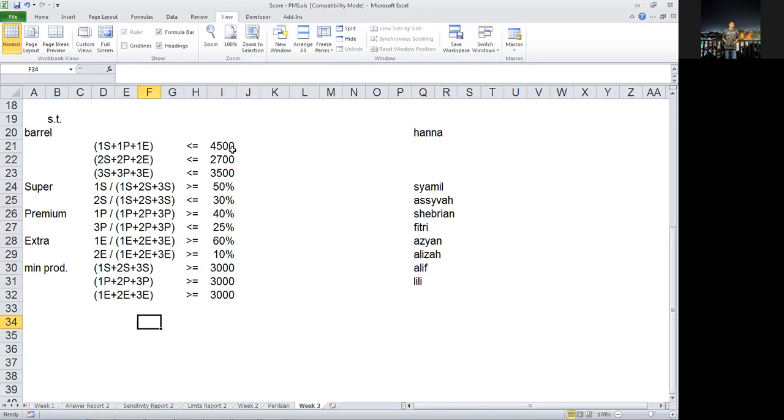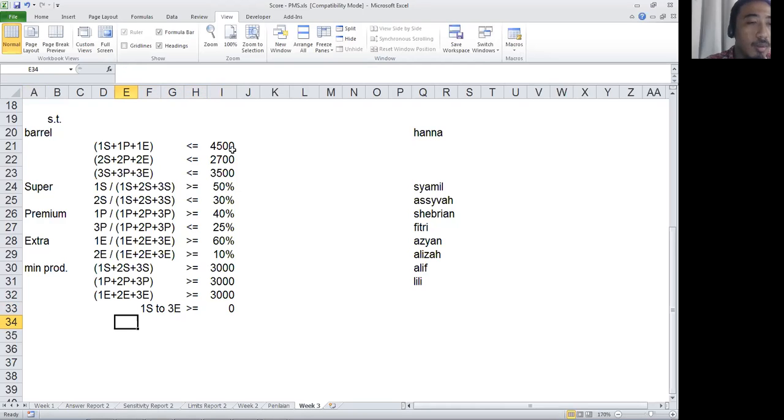Sir, maybe that's for each variable is more than or equal to 0. Is it correct? Good, good, good. Every variable, all of 1s, 2s, 3e should be more than or equal to 0. Yeah, this is a standard additional rule or constraint for linear programming.